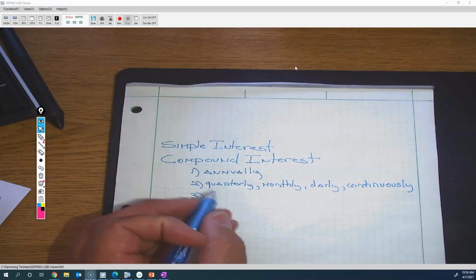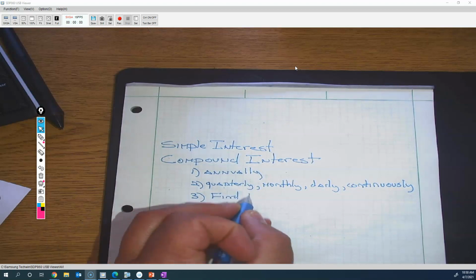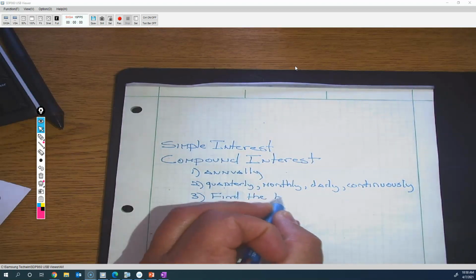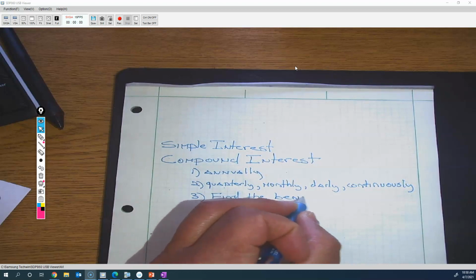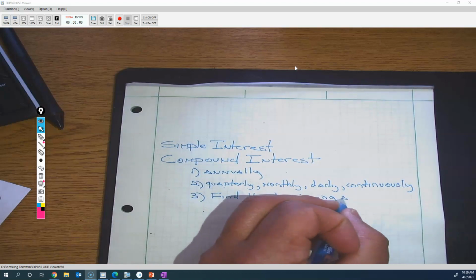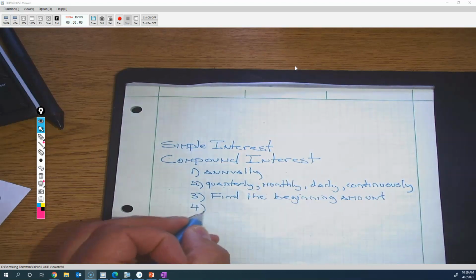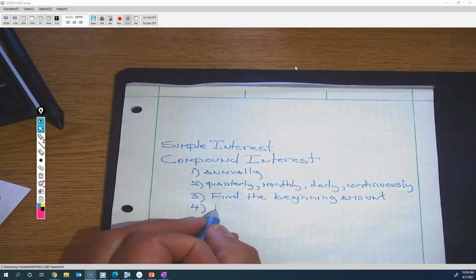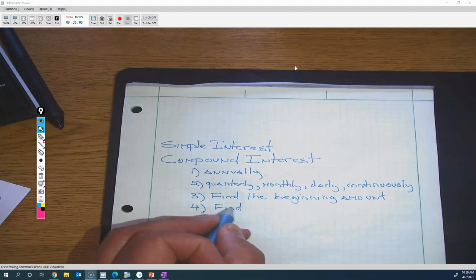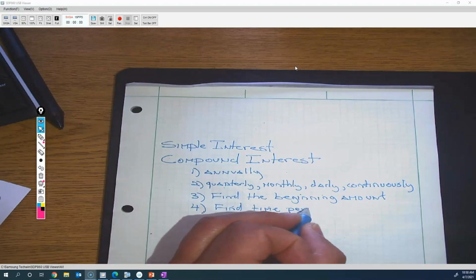find the beginning amount. Then you're going to need to know how to find the time period. That's what we did yesterday with the logs.